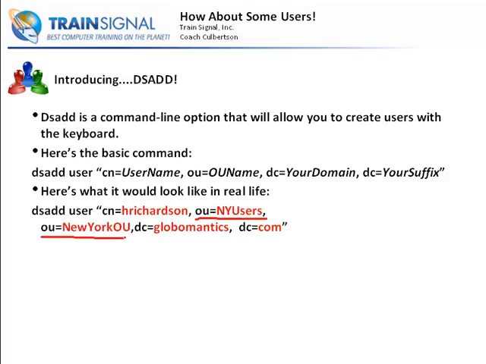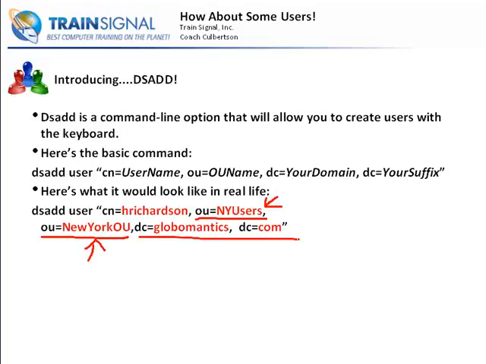Okay? Remember how I was talking with you about how we have a child OU? Remember how NY users is the child? Well, that old adage, women and children go first. Well, in this case, child OUs go first in our distinguished name entry. Right? So we have the child OU, the parent OU, New York OU, and then we have the rest of the Globomantics.com name.